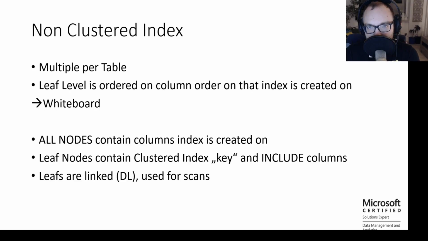For instance, assume you have a table with ID, first name, last name, and the clustered index is on ID, and you want to quickly query all the guys with the last name Miller. When you just type select star from table where last name equals Miller, it will scan the clustered index on the leaf level for each entry.